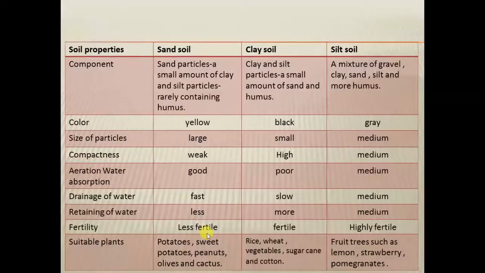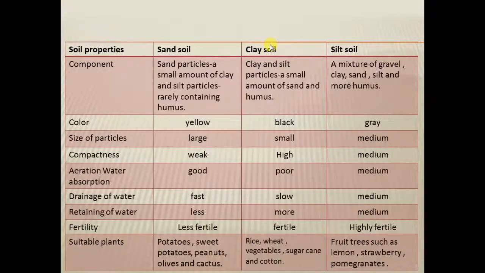Who can tell me why? What do you think? Why is the sand soil less fertile? Yeah, I heard one of you say, yes mister, because it contains rarely humus. You are right. Excellent. Due to containing a rare amount of humus, it will be less fertile.